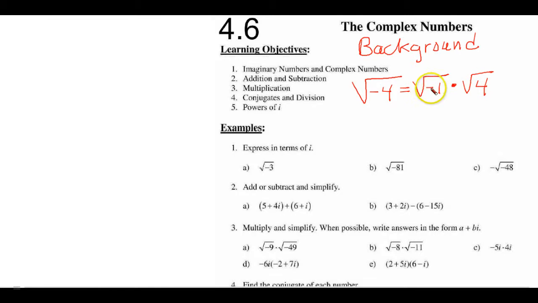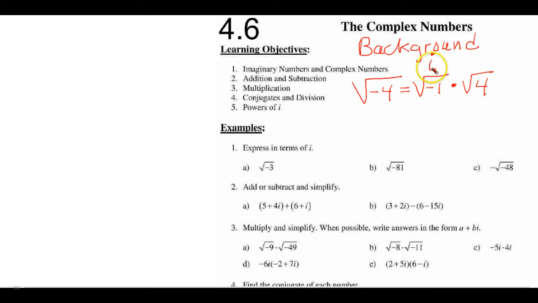Now remember, the square root of -1 is not a real number, but we can define it as the letter I. So the square root of -1 in the future will be the letter I. Now, when mathematicians worked on this, they referred to this as sort of an imaginary number, and that's where the I comes from, imaginary.